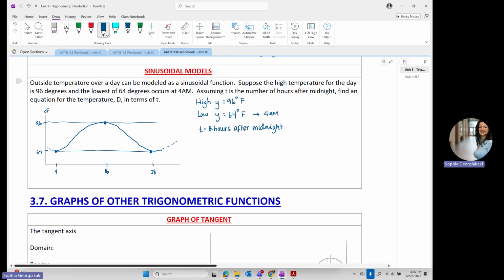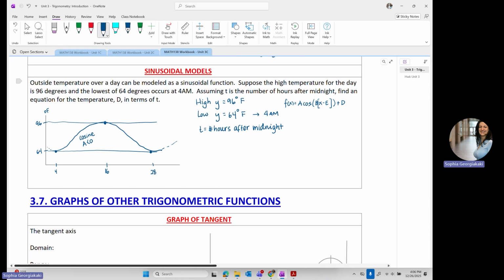So this is a cosine function. It also starts from the bottom, so I want the a to be negative. I'm looking for a function of the form f of x equals a cosine bx, let's say minus e plus d.